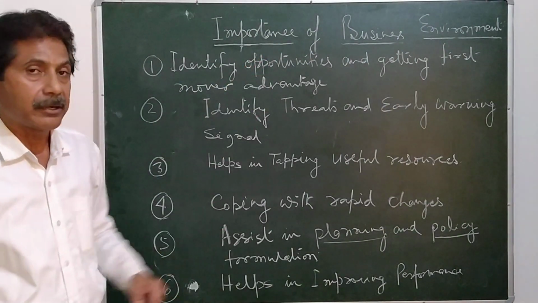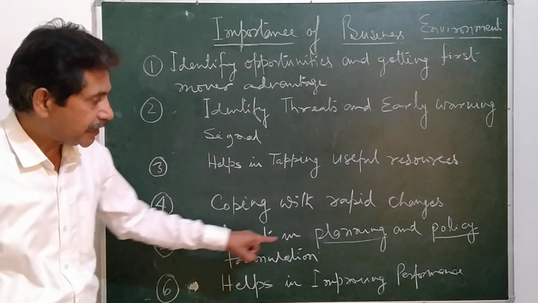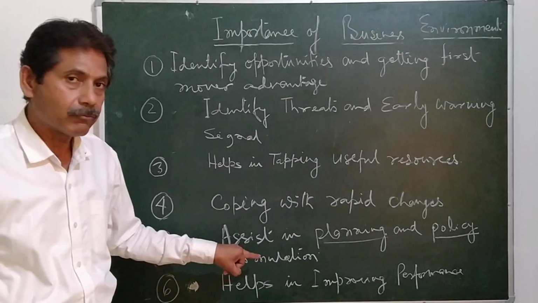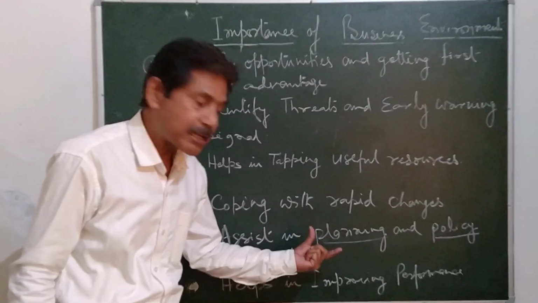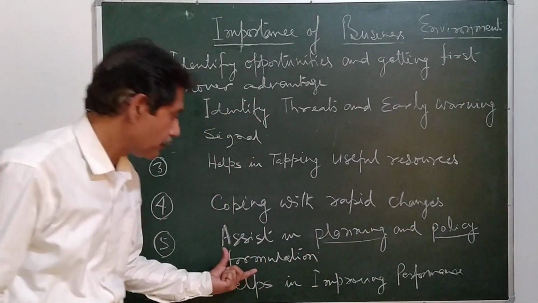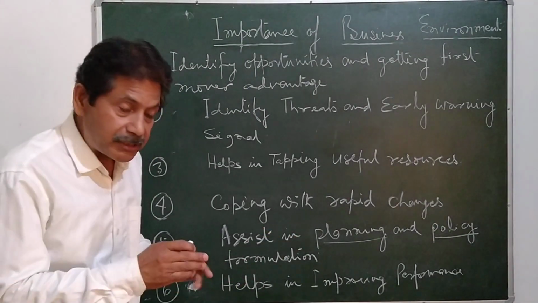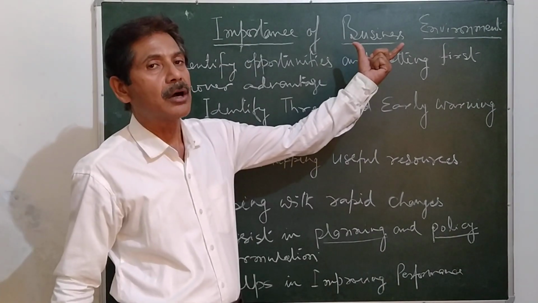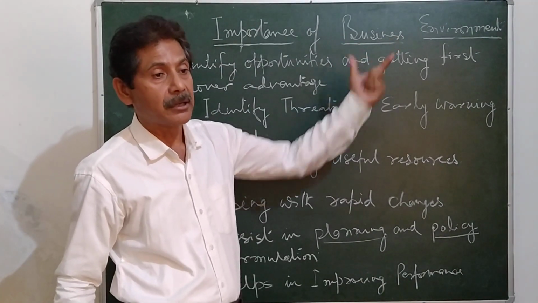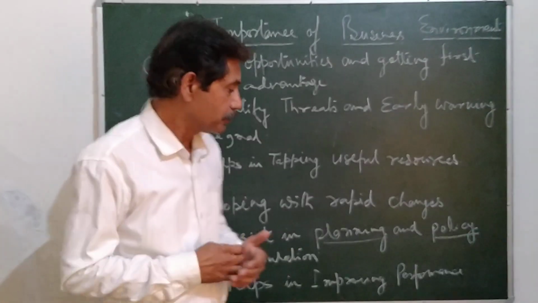So if you study business environment, then it assists in planning and policy formulation. In fact, both elements are important, planning as well as policy formulation. And both activities you can do only when you come to know about the business environment prevailing outside your business.